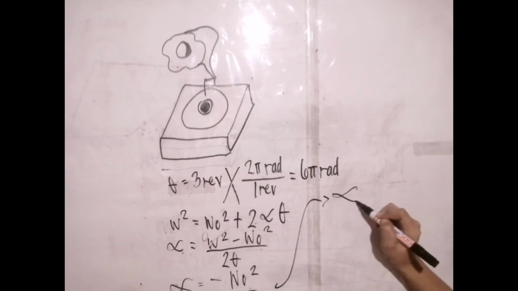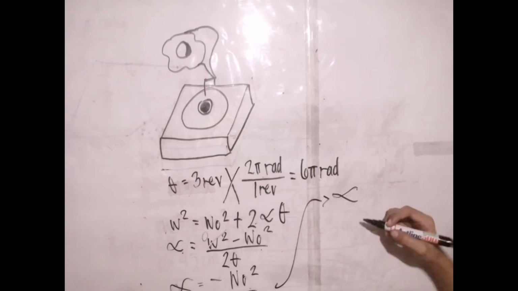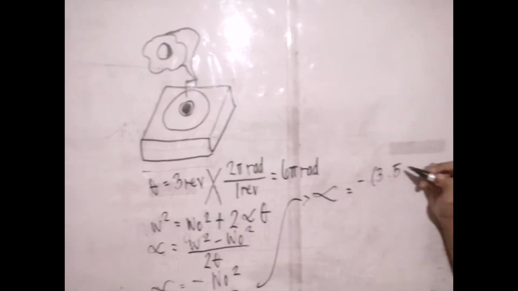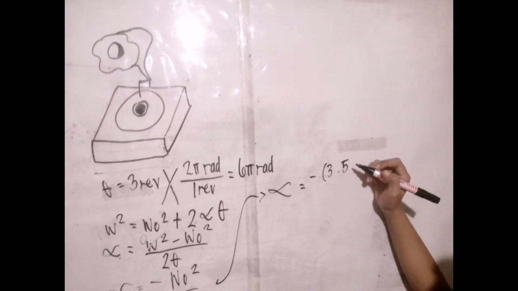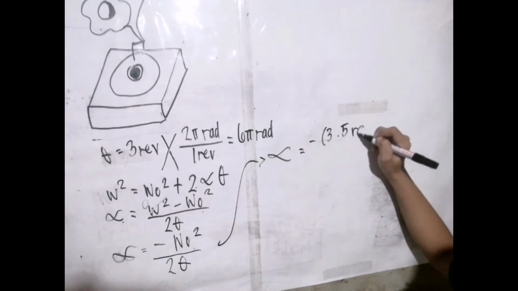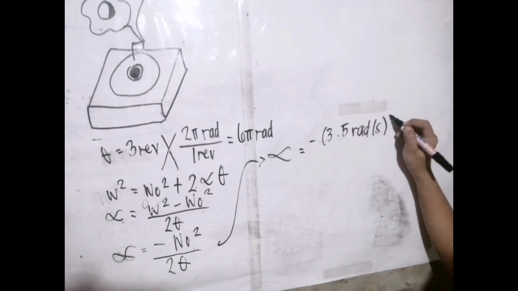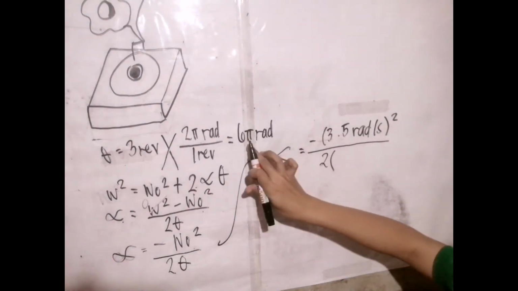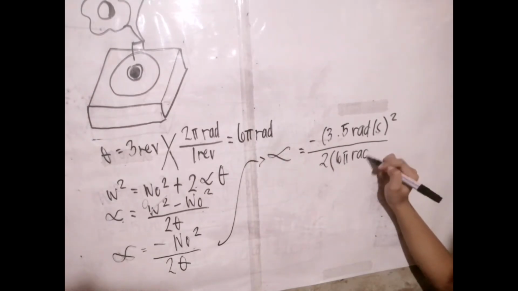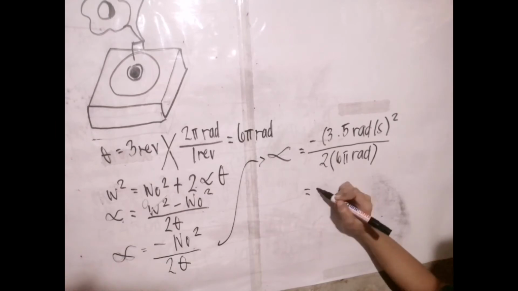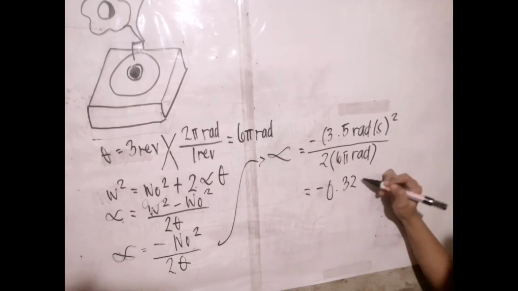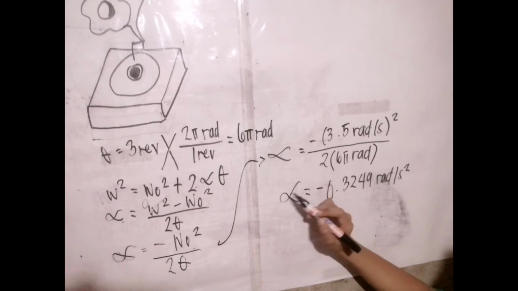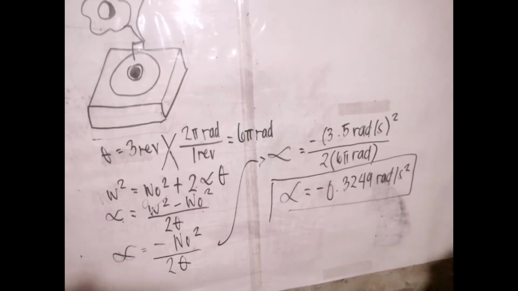And angular acceleration is equal to negative 3.5 radian per second squared over 2 multiplied by 6 pi radian, which will give us the answer of negative 0.3249 radian per second squared. Ito yung ating angular acceleration.